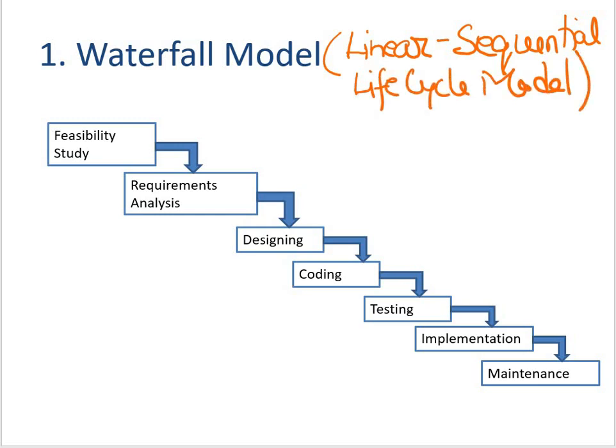In some of the literature you will find this particular name, and this is one of the very first software development life cycle models to be introduced. A very simple one, very easy to understand and very easy to use, just because it is a bit stringent, so there are some drawbacks as well. We'll talk about those drawbacks in the coming slides.